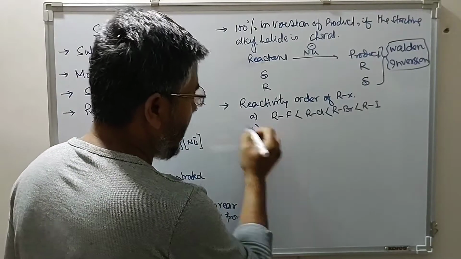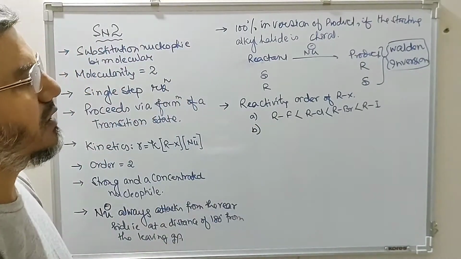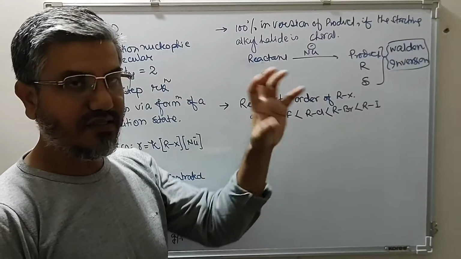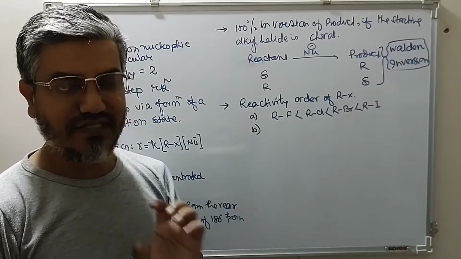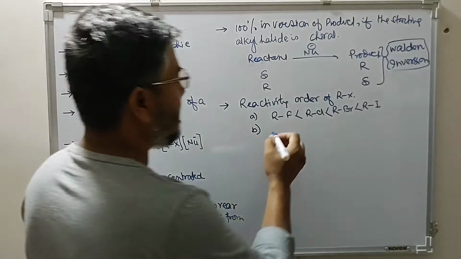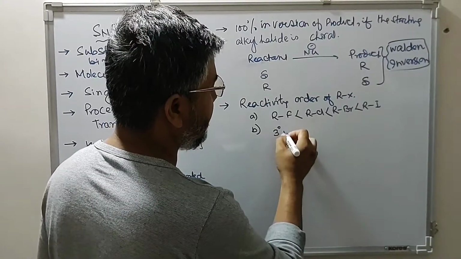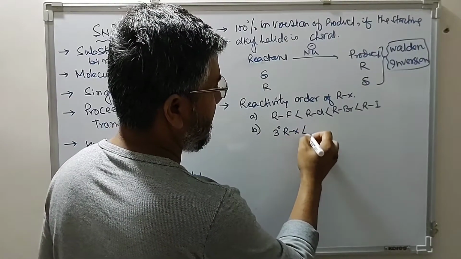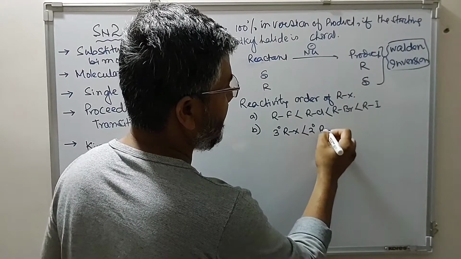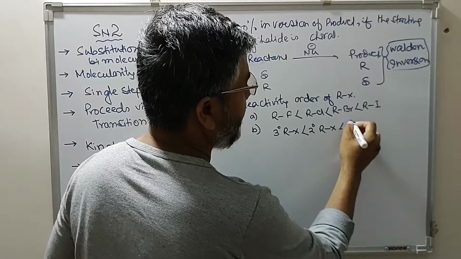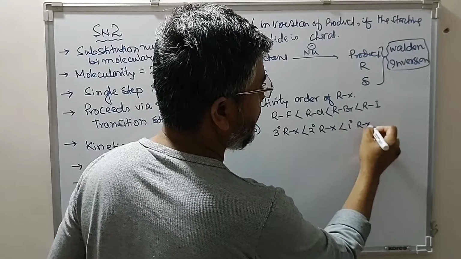Now, if the alkyl group is different and the halogen is the same, then the tertiary alkyl halide is the least reactive, followed by secondary, and the primary alkyl halide and methyl halide are the most reactive.